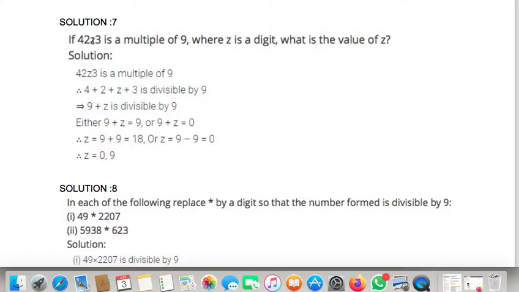But what we have to understand here is that this Z can only be a single digit. It cannot be a 2-digit number. So that needs to be taken care of. The rest is all the same, my dear students. So let us start now.